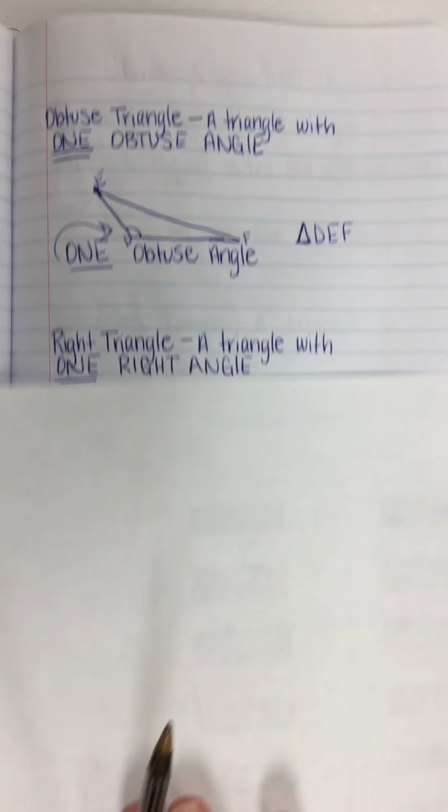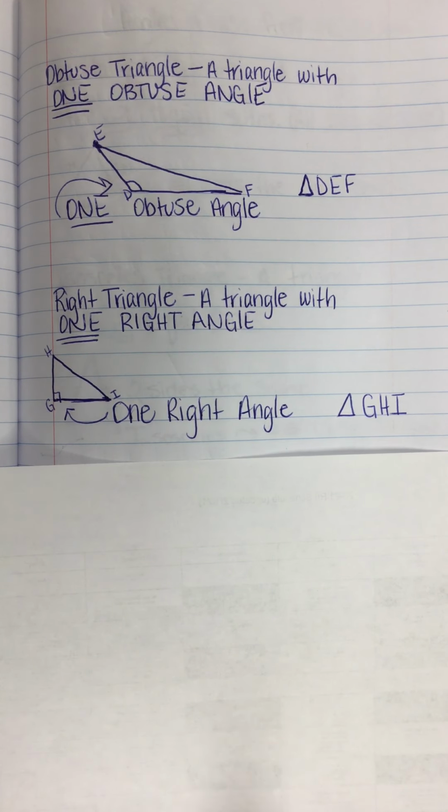And then next we have right. Same thing. A right triangle is a triangle with 1 right angle. If you have more than 1 right angle, you probably have a square. 1 right angle and the other 2 are acute. So every triangle has acute angles. The only difference is if all 3 of them are acute, it's an acute triangle.